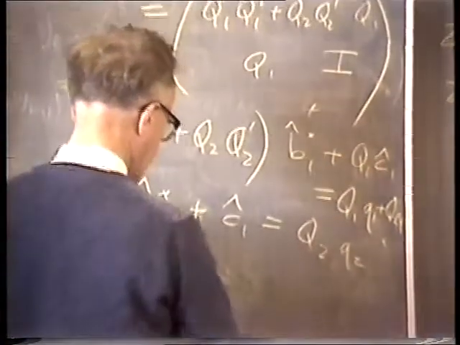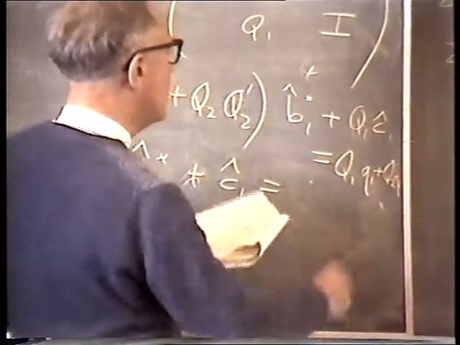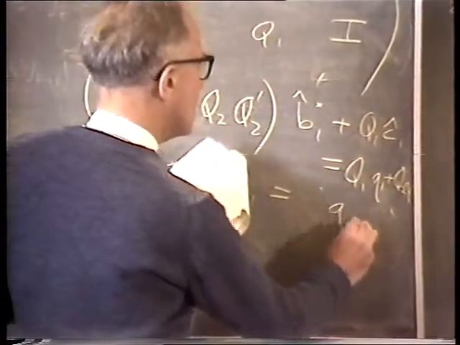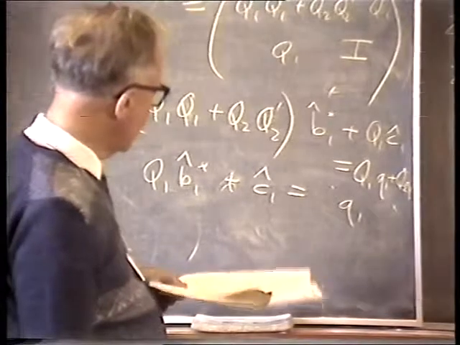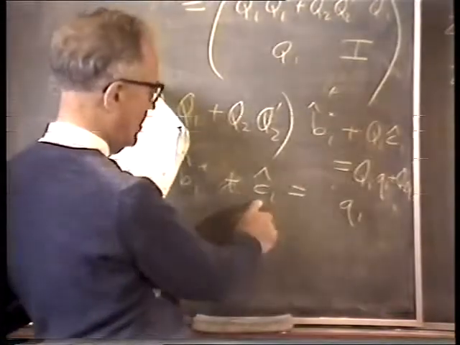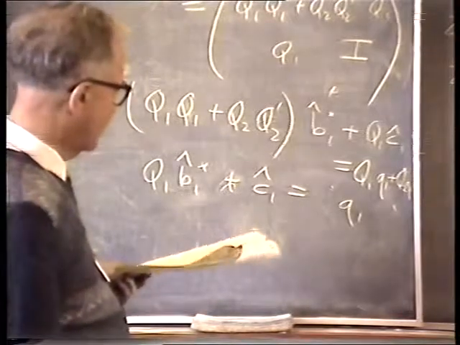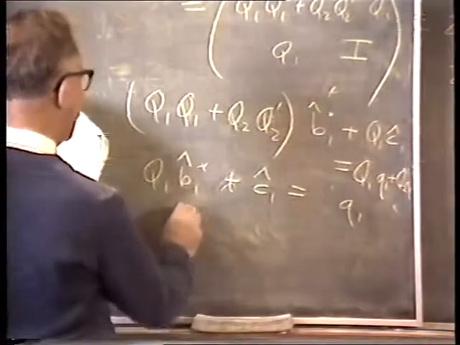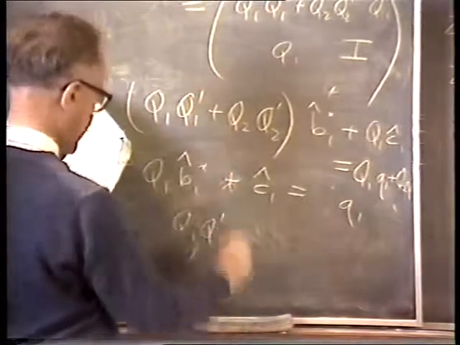So, I skipped one stage in my notes. Now one eliminates C1 hat by multiplying by Q1 and subtracting, and so ends up with a somewhat simpler form.